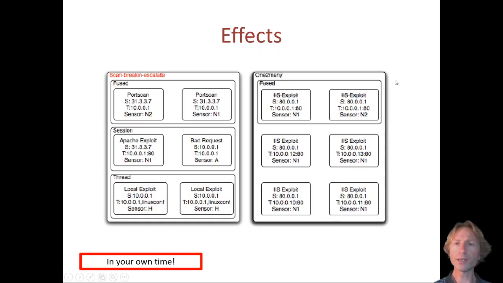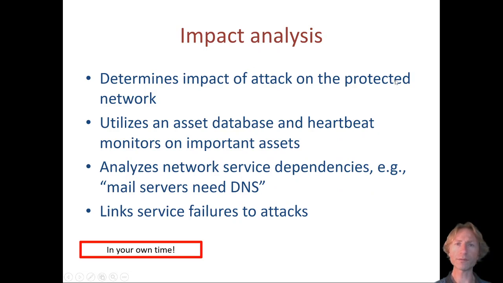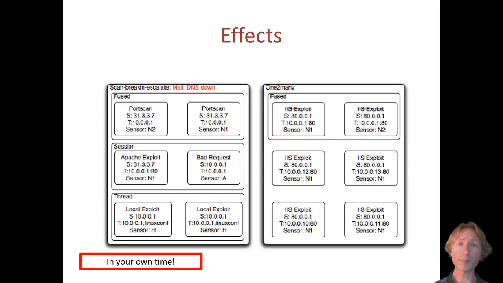And here we find much less interesting information. We can determine the impact of the attack on the protected network using some knowledge of what the assets are, and link the failures to attacks that we may have. For instance, we may see that because of this attack, DNS is down, or mail is down, or what have you.